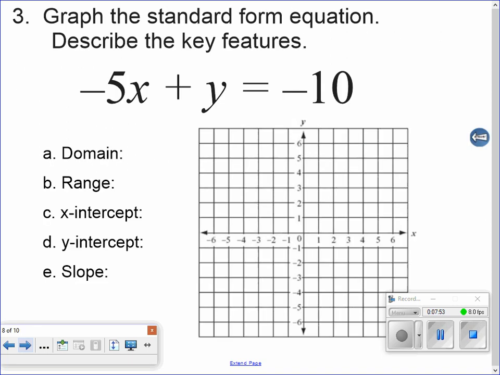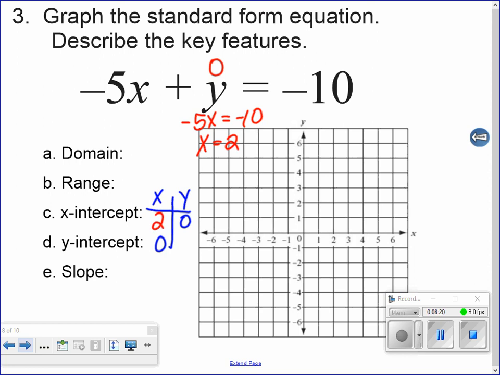When we're graphing from here, again, our goal is to find the x and the y intercepts. For finding the x-intercept, remember that that is when we are making the y 0. For finding the y-intercept, that's when we're making the x 0. So if I make my y 0 here, that y goes away. We have negative 5x equals negative 10, which means that x is equal to positive 2.